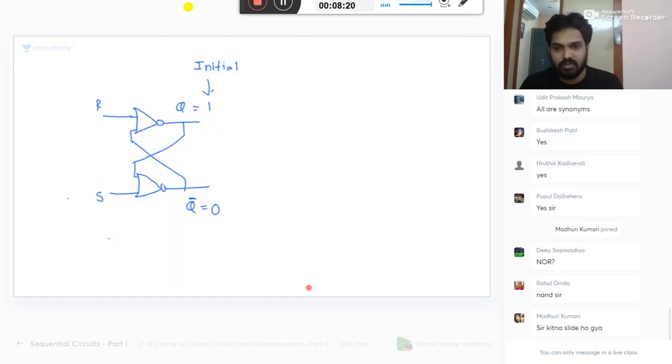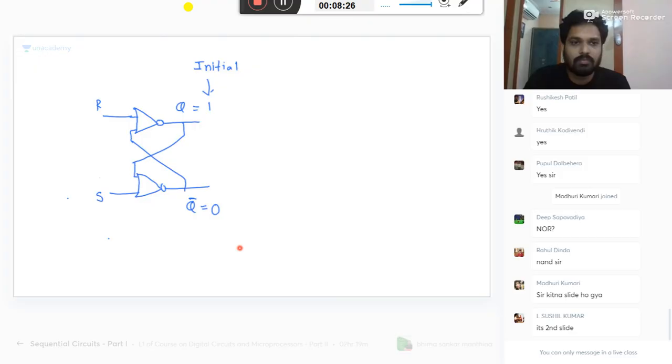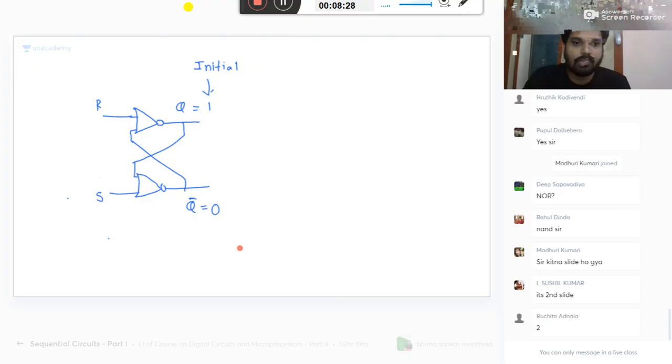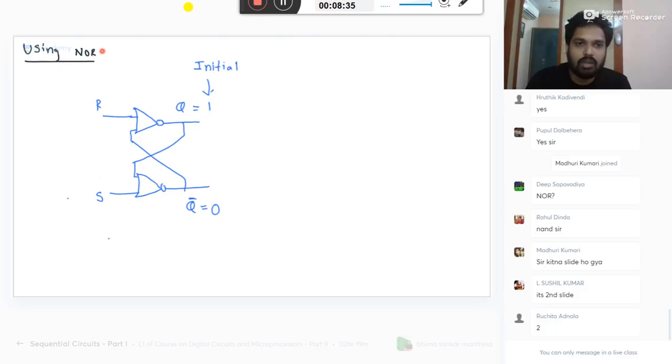You can understand, Madhuri, how many slides it can be, but try to follow from now. It will be helpful. Don't worry. Using NOR. Okay, so let me load all the slides so that you can save time. Just before your class, 2 minutes before only, I draw these figures and take the screenshots. That's why I joined a little early today.